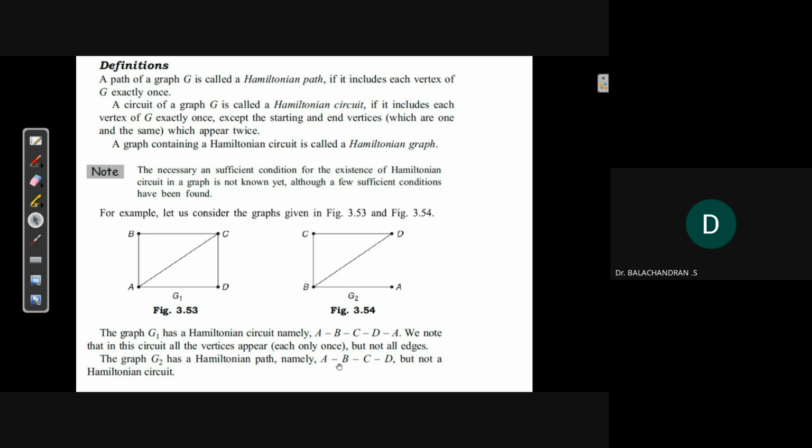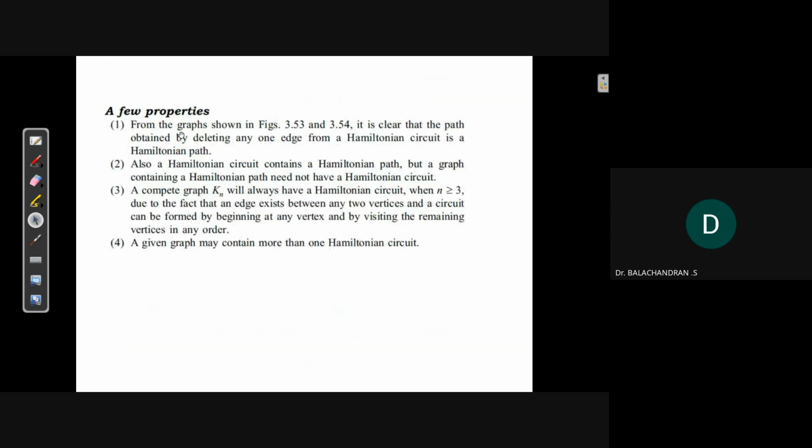A to D is not a Hamiltonian circuit, but A to B, B to C, C to D is a Hamiltonian path. So this graph contains only a Hamiltonian path, and hence this is not a Hamiltonian graph. When we say the graph is a Hamiltonian graph, it should contain a Hamiltonian circuit.